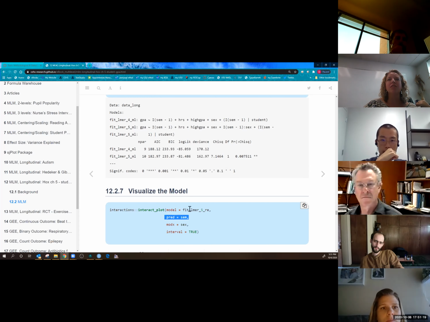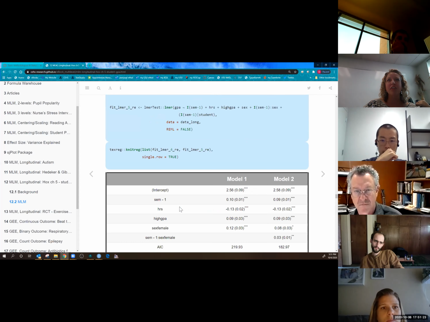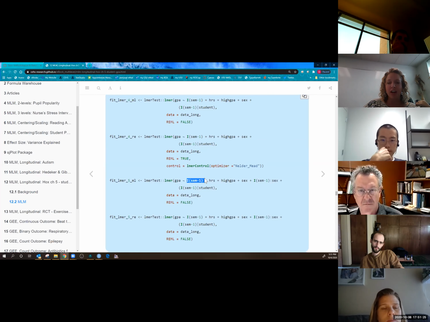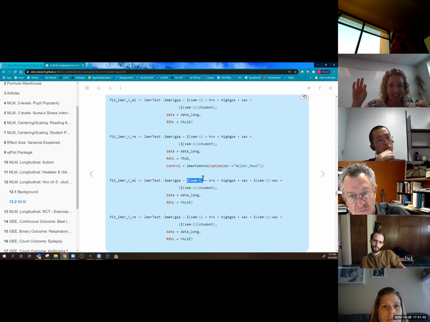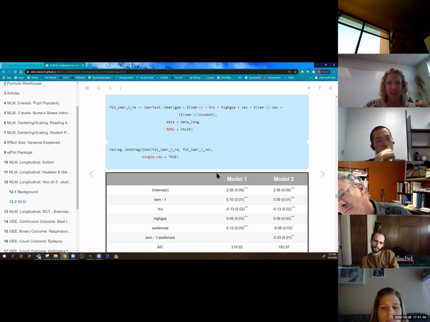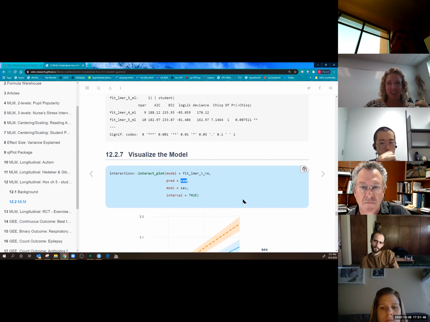Now, let me point this out. When we fit our model, every time we were talking about across time, we internally centered semester at the first observation. But when we do the plot, we just put semester. Because we internally centered time, when we plot it, we just say semester.